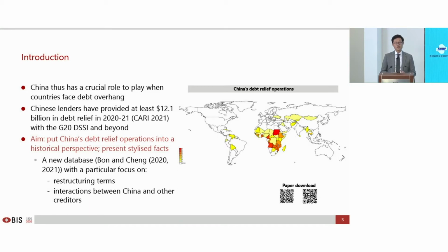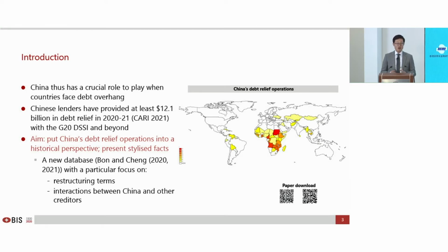So to give you an example, in 2020, 2021, during the pandemic, Chinese lenders provided at least $12.1 billion in relief to many countries within the G20 Debt Service Suspension Initiative, DSSI, but also beyond that.